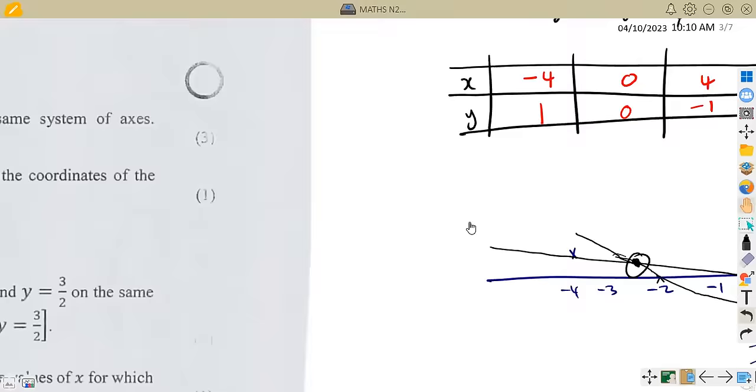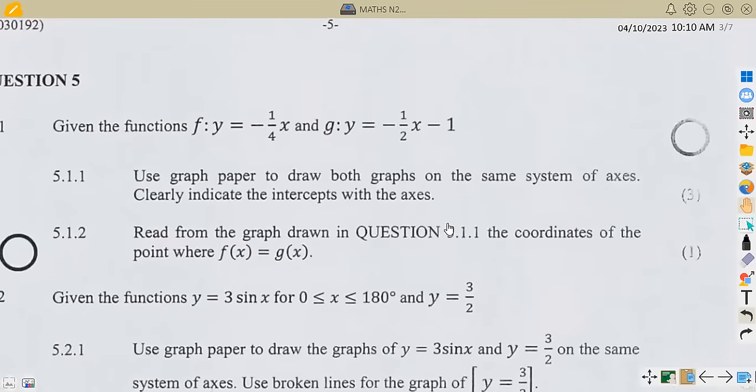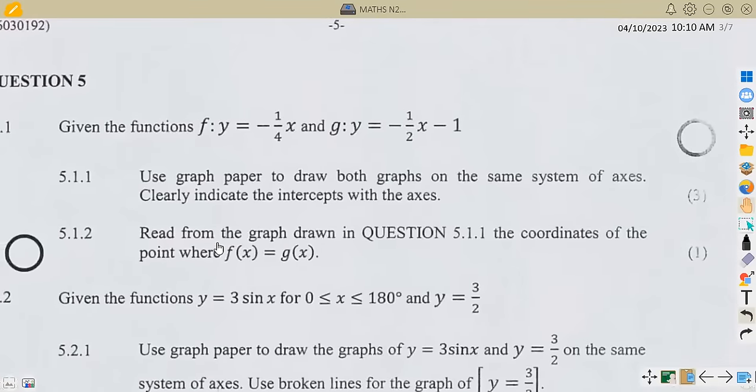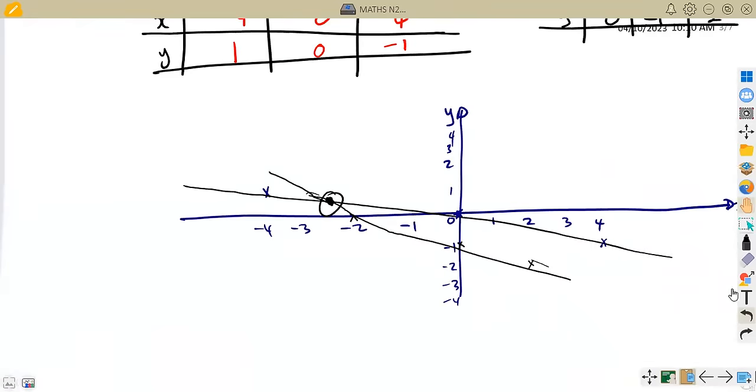All right. So I want you guys to have a better graph. Then read from the graph in question 5.11 the coordinates of the point where f(x) is equal to g(x), where these two are equal. So we are saying the two graphs are equal at the point of intersection, which is here. So you take the value of x, you also take the value of y, which corresponds at that point.